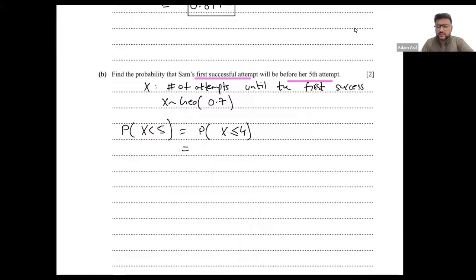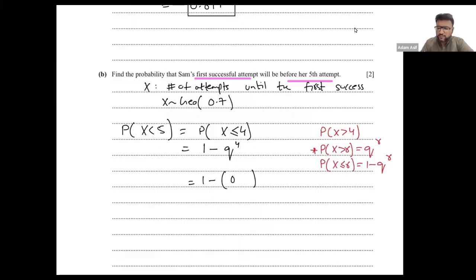Now, what you can do is find the probability of X greater than 4 and subtract it from 1. In a geometric distribution, the probability of X greater than r is q to the power of r, and the probability of X less than or equal to r is 1 minus q to the power of r. Okay, so if I want to find the probability of X being less than or equal to 4, that's the same as 1 minus q to the power of 4. q represents the probability of failure.